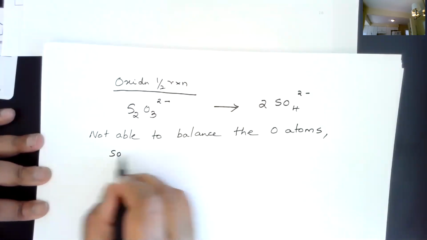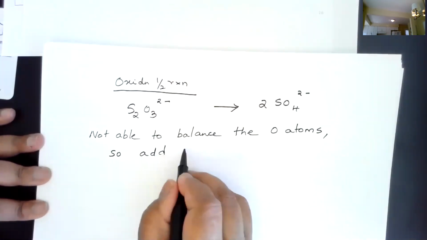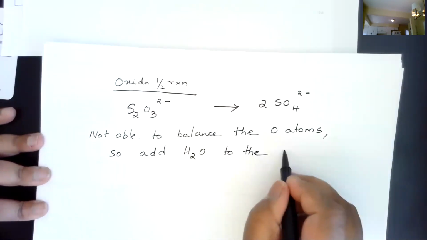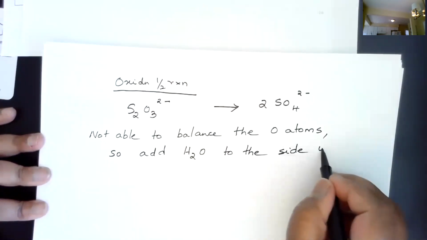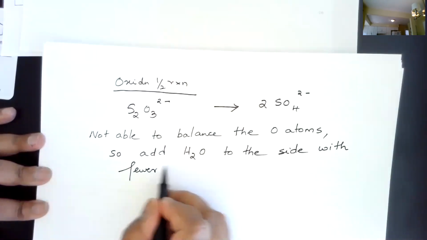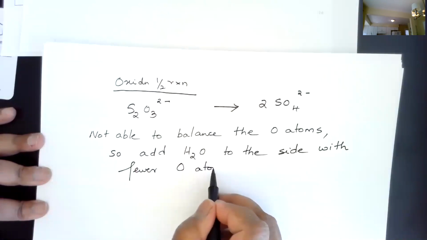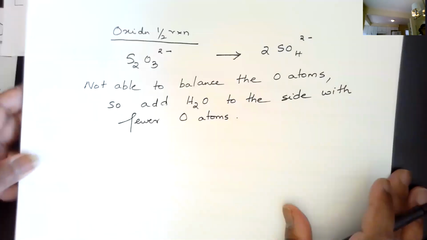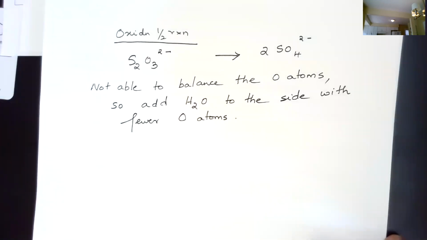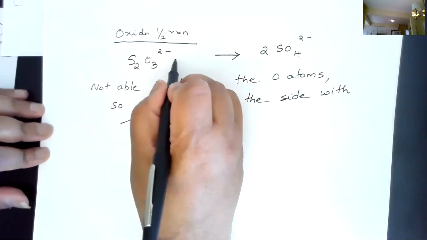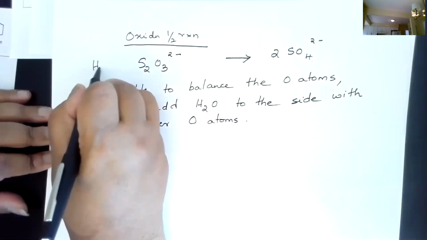So add water to the side with fewer oxygen atoms. So this has 3 and this has 8, so I'm going to add water here.